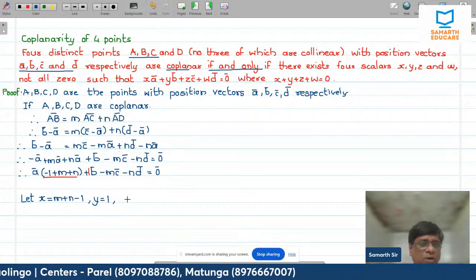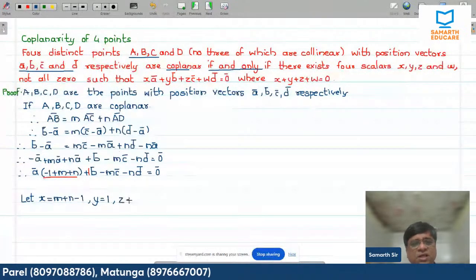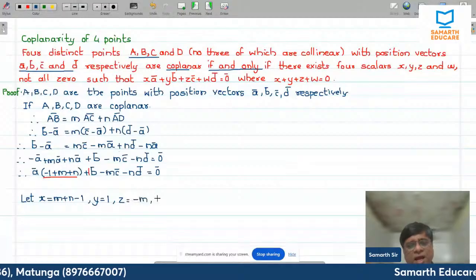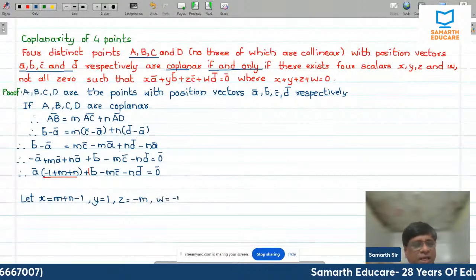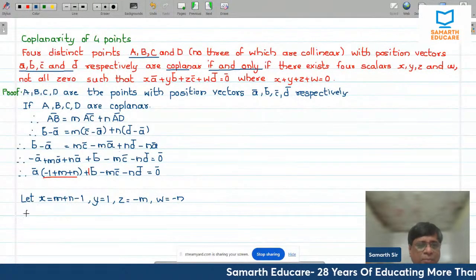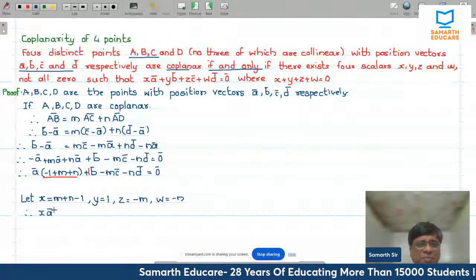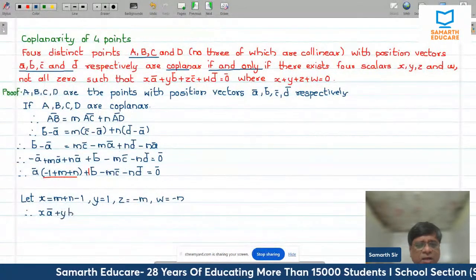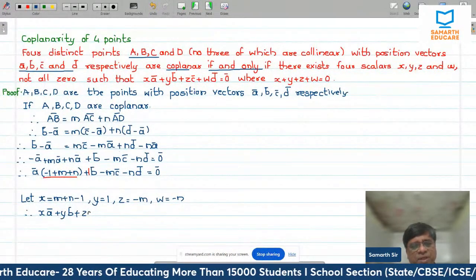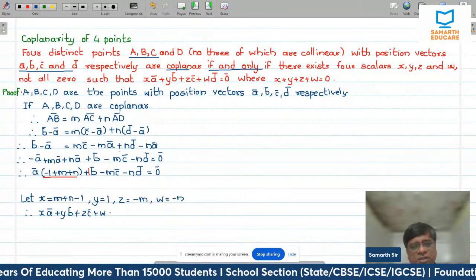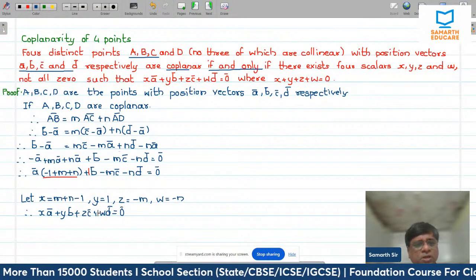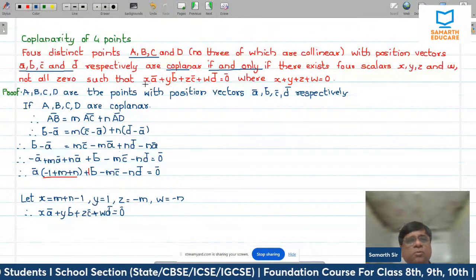What about C bar? Its scalar is z is equal to minus m and w is equal to minus n, which means the above equation becomes x a bar plus y b bar plus z c bar plus w d bar is equal to 0 bar. This statement we have got, correct?